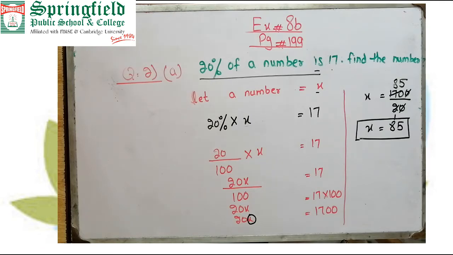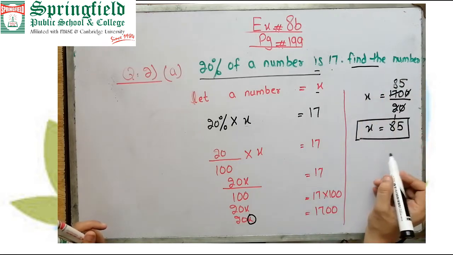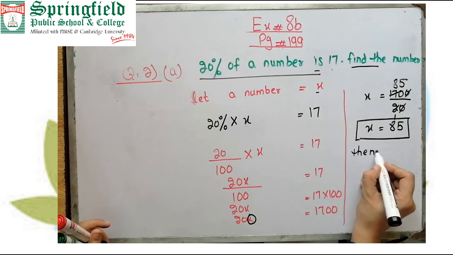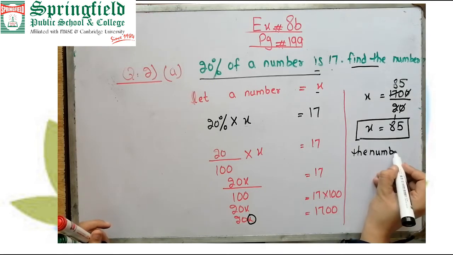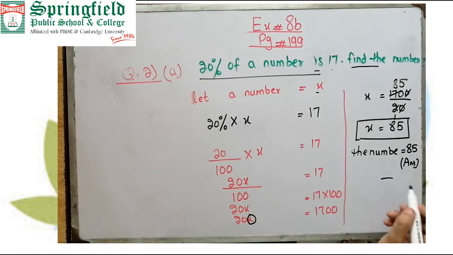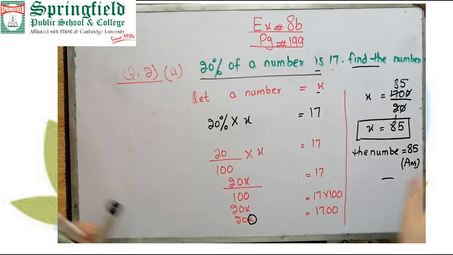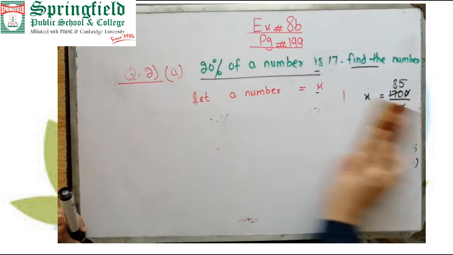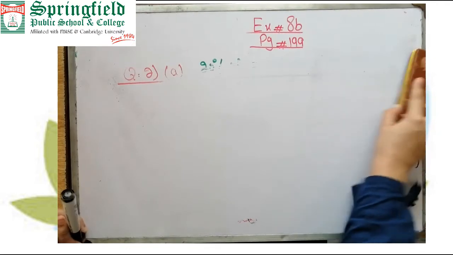As we know that x is equal to a number, as we supposed. So the number is 85. Answer. Understood beta? Okay, do the practice of these questions in your notebook.